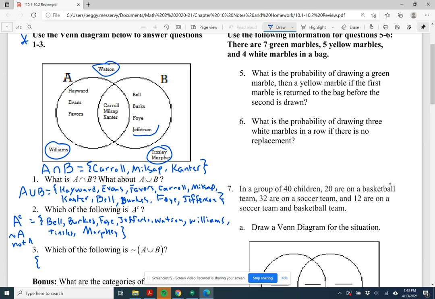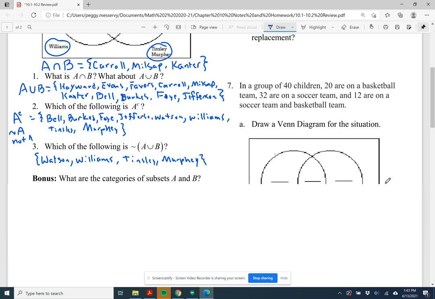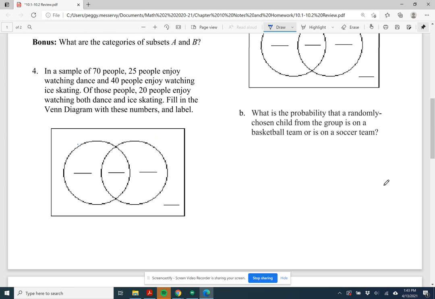They're not in A union B. So those are the 4 I'm going to list. Okay, and that's the answer to that. I'm not going to do the bonus part. I'm going to move on to problem number 4.